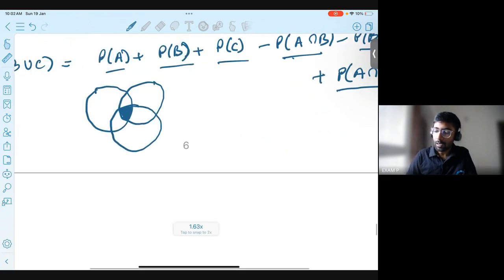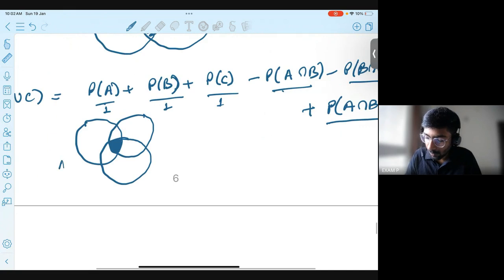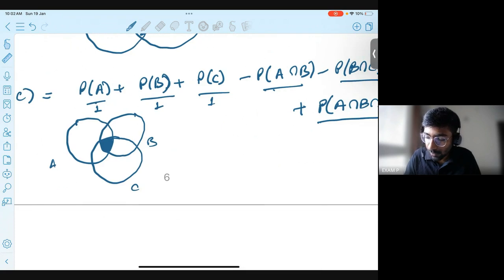Now, when you take A, then this also comes, right? When you take B, then this also shows up, and then for C also it comes up. Now, when you subtract A intersection B, suppose this is A, this is B, and this is C, okay? When you remove this A intersection B, this is also getting removed. That means this is a -1, right?